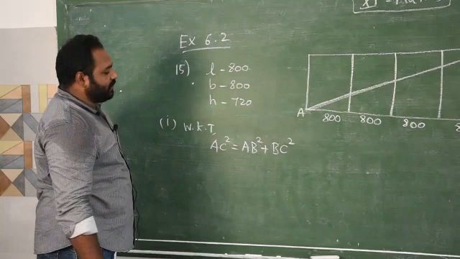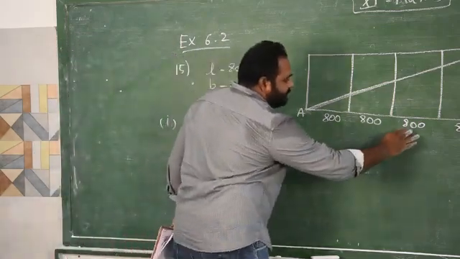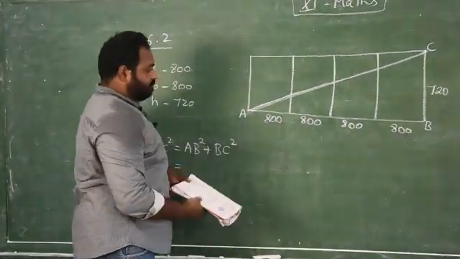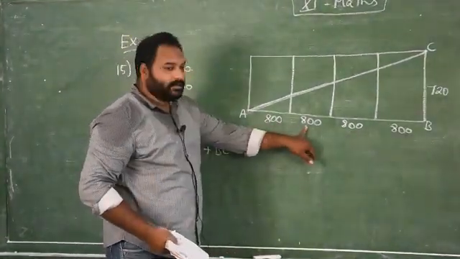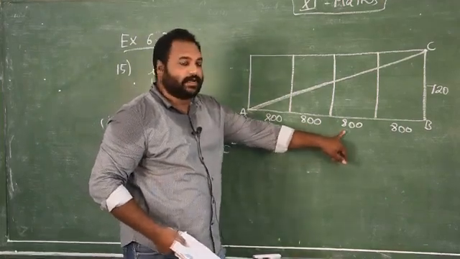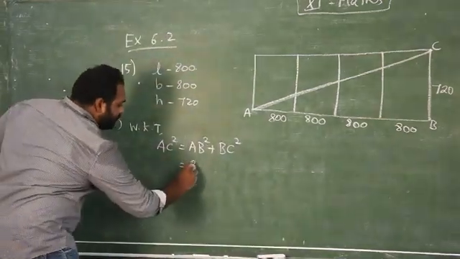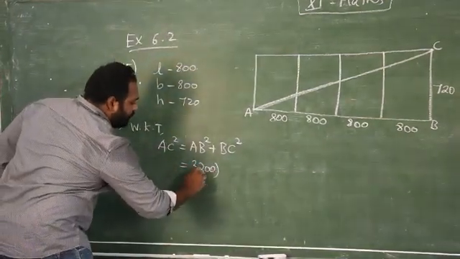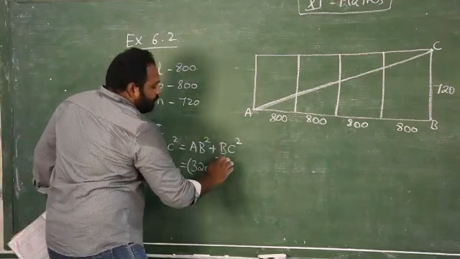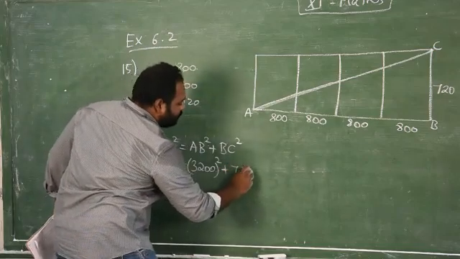So what is AB? 800 plus 800 plus 800 plus 800, the whole length. 1600 plus 2400 plus 800, 3200. So 3200 whole square plus BC height 720 whole square.